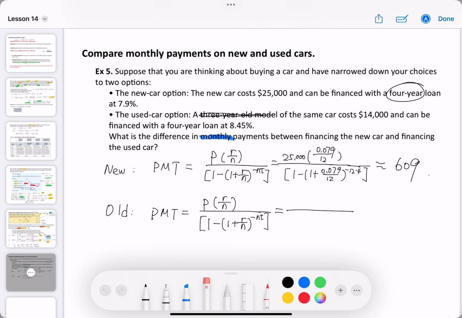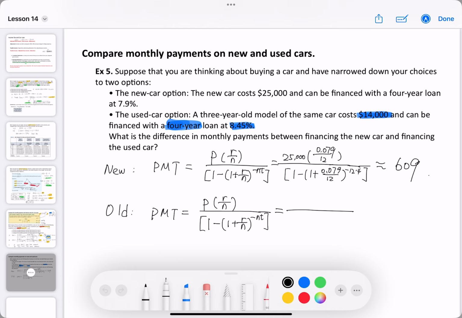Because let's read the second sentence again. Second case, the used car. So this is the money I'm going to pay for my total amount of car. But I'm asking for a loan. I don't have this amount of money. And it can be financed for 4 years. T equals 4. And the rate is given.